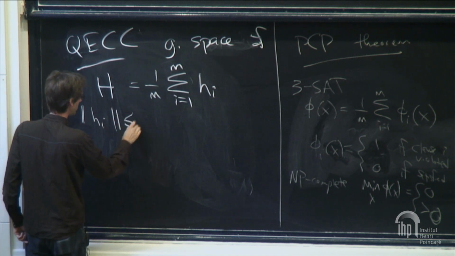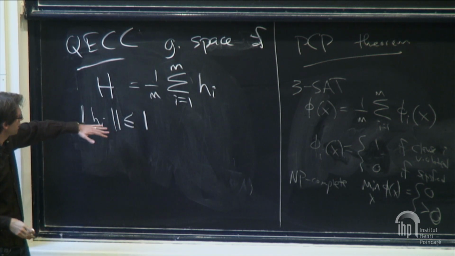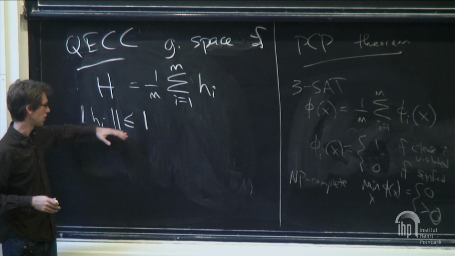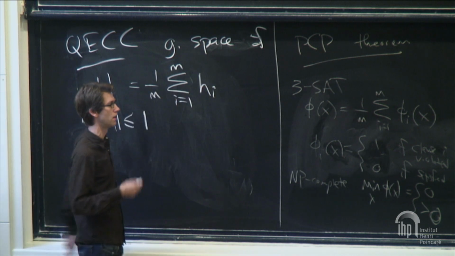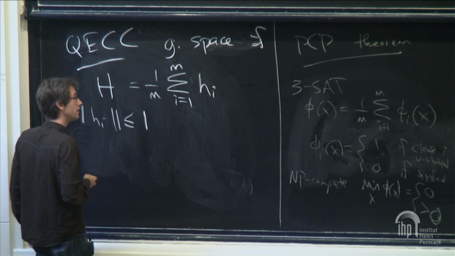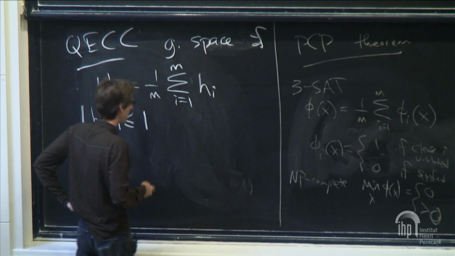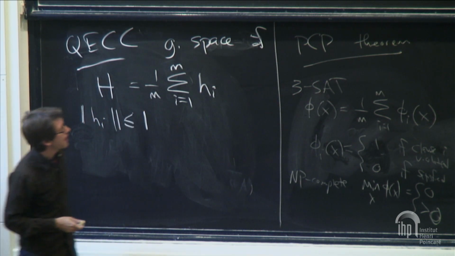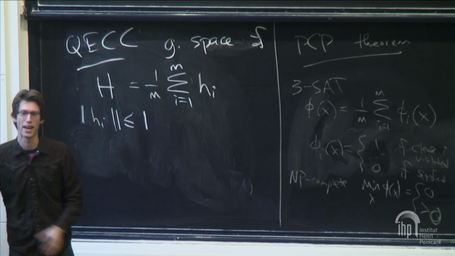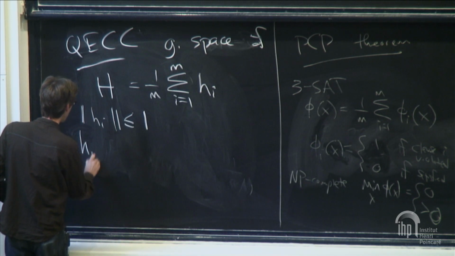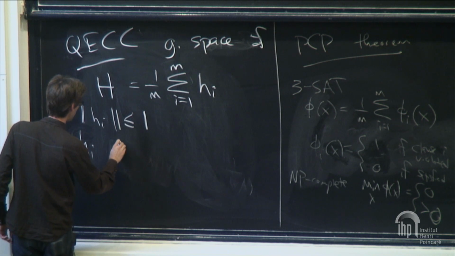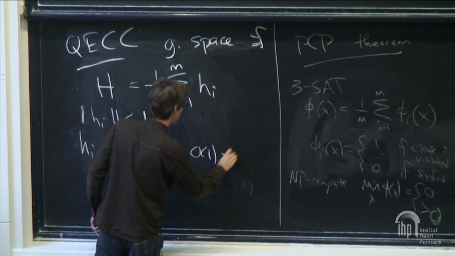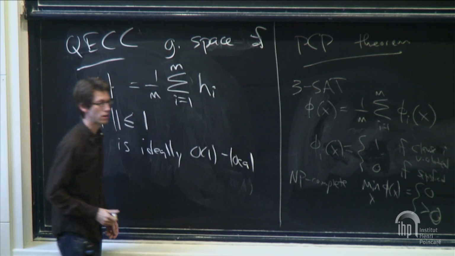It's often convenient, to define the ground space, I don't care about what the overall norm is. It's still convenient to talk about each local term as having norm at most 1. And for the same reasons that a classical code would like each term to check only a few bits, it's convenient to have each h_i have constant locality.